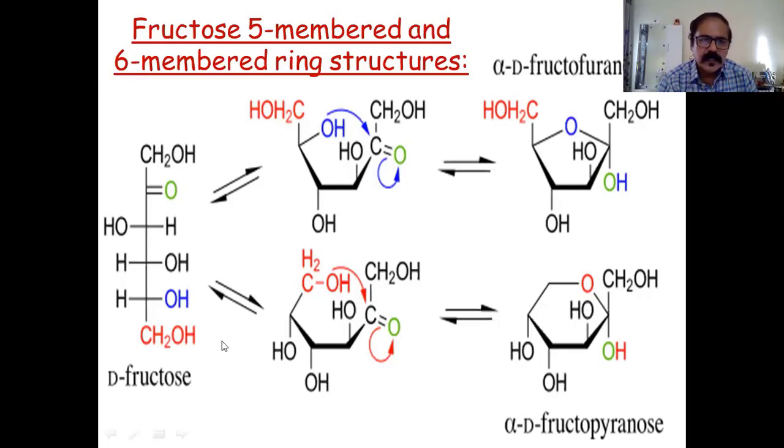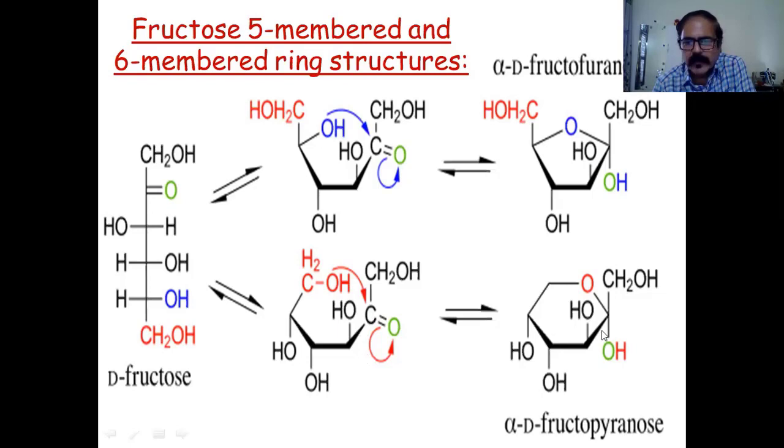Now the second carbon's oxygen is reacting with the sixth carbon's oxygen. 1, 2, 3, 4, 5, 6. This is 1, 2, 3, 4, 5, 6. So the sixth carbon's oxygen will donate electrons to the carbon, and the pi bond electrons will migrate towards the oxygen, and the hydrogen will come and sit on the oxygen.